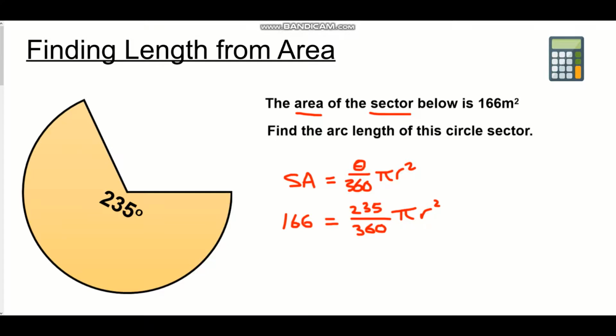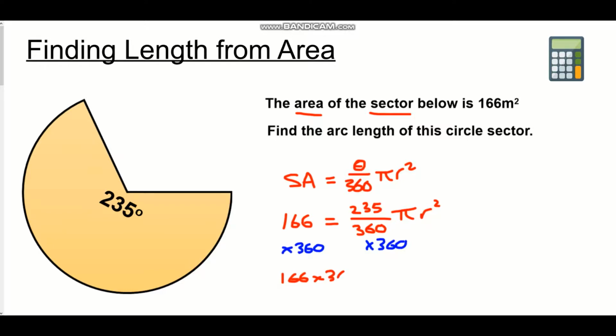So usual first step, we're dividing by 360 on the right hand side, so I'm going to multiply both sides of the equation by 360 in order to undo that. So we get 166 times 360. Again, you could figure that out as a normal number.